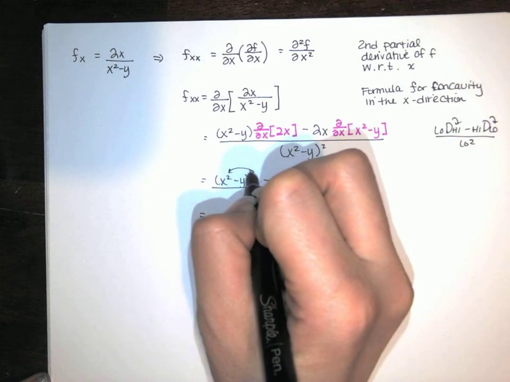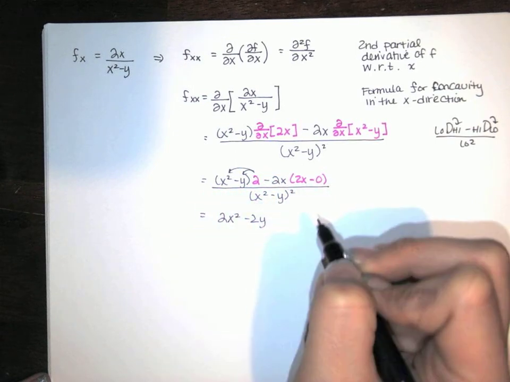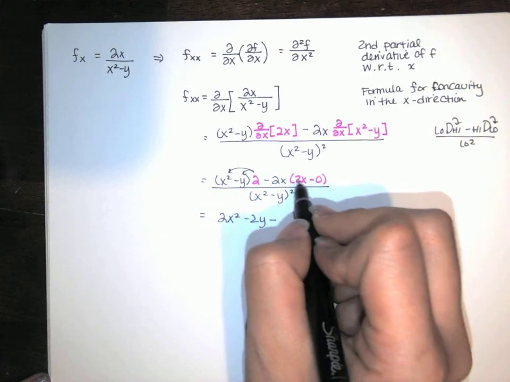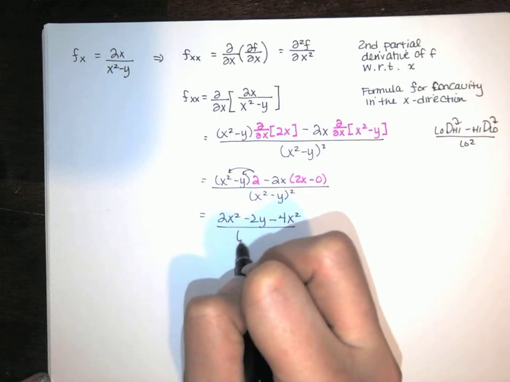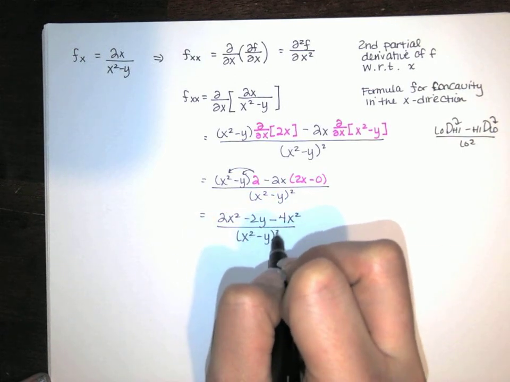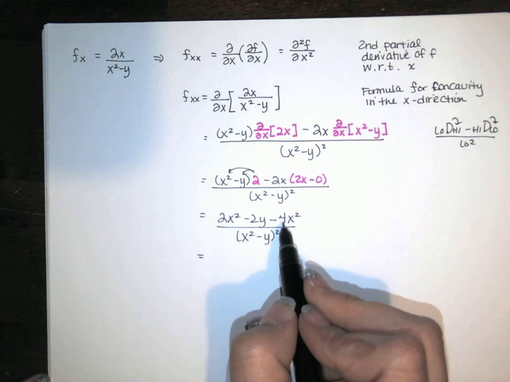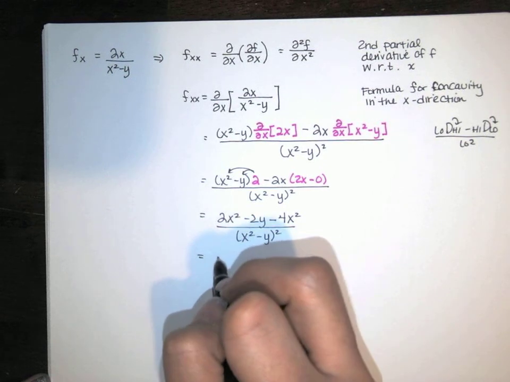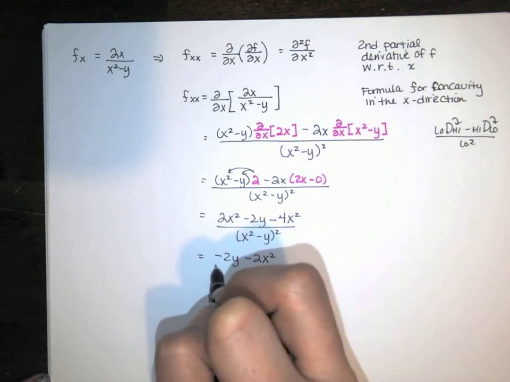Now if I distribute my 2, I've got 2x squared minus 2y minus 2x times 2x, which is negative 4x squared, over x squared minus y, quantity squared, and 2x squared minus 4x squared is negative 2x squared.